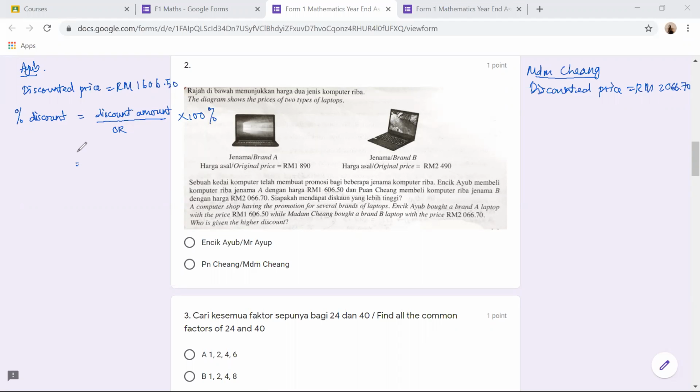Okay, this is the formula. Therefore, for Encik Ayub, the discounted amount will be, take the original, which is 1890, minus the discounted price that he gets, 1606.50, divided by the original price, which is 1890, times 100%.